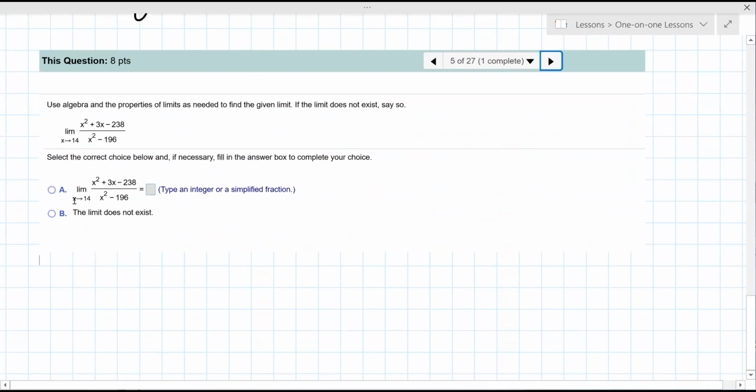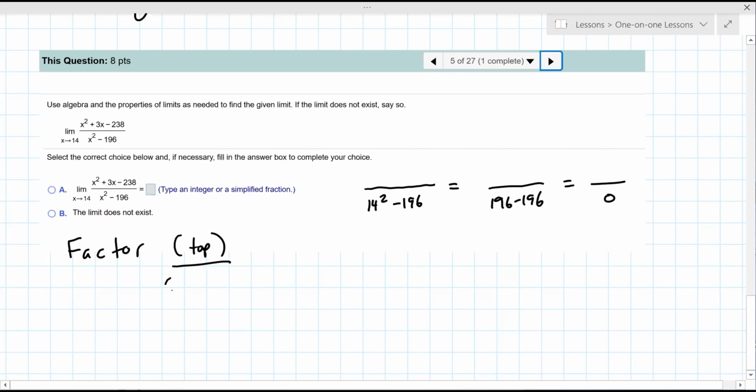When you put 14 into this function, you're going to find that you get divided by 0, because 14 squared minus 196 is 196 minus 196, which is 0. That does not mean that B is true. It doesn't mean, oh, it must be B. It means you need to do something else. And the answer here is you need to factor the top and the bottom.